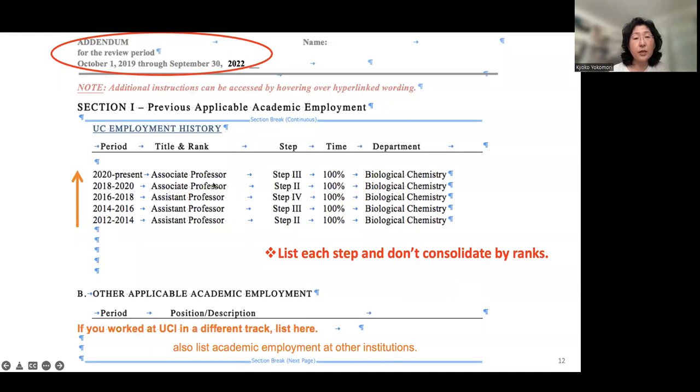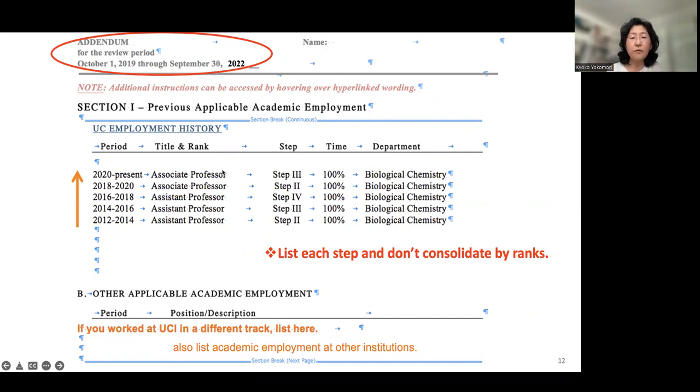So section 1 is the employment history. In general, throughout these forms, in each section the newest things are always at the top, and then you go chronologically towards the older ones. Of course, if you already put it in the opposite direction, it's not the end of the world, and it's okay. But in general, the recommended order is the newest at the top.